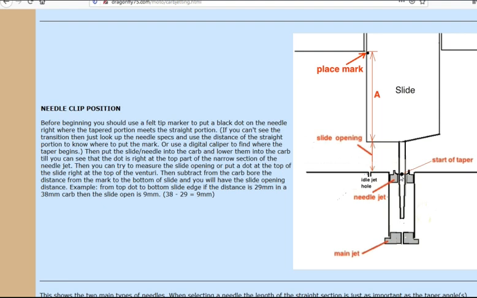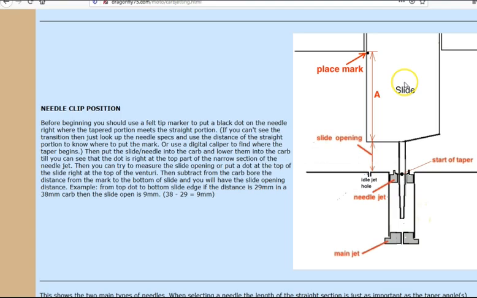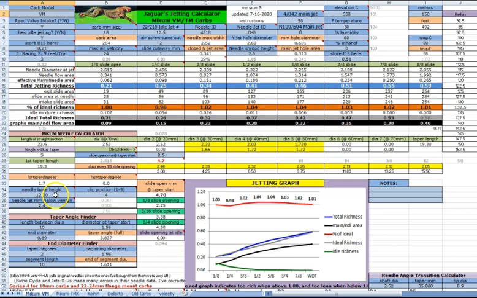The other thing you have to measure is inside the slide. There's a base right here that the needle clip rests upon. From that base to the top of the slide, that distance needs to be measured, and that goes right here. Well, it's actually, I'm saying it wrong.